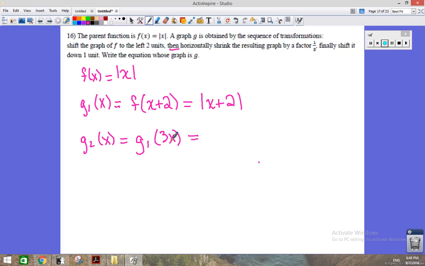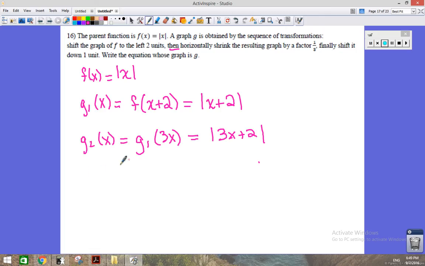That's how you get a horizontal shrink by a factor of 1/3: write it as 3 times x. So we've now built this equation to be the absolute value of 3x plus 2, because what the function g is doing is whatever you give it, it takes the input and adds 2 to it, and then takes the absolute value. Well, the input is 3x, so it's going to add 2 to that, and then take the absolute value.